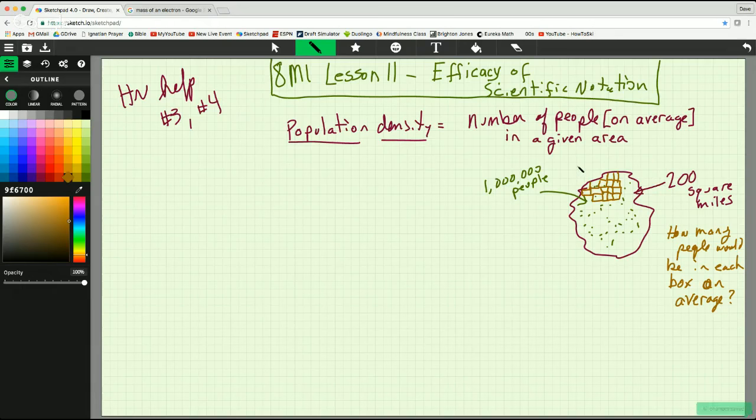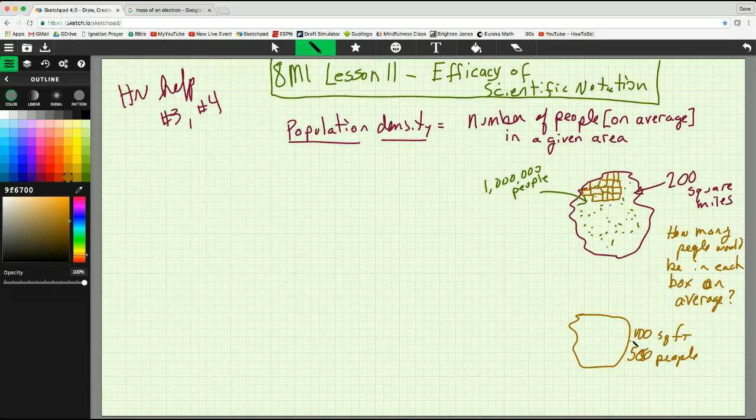And how can we do that, right? How do we know? Well, let's just think about it. If we had a really small area that had, say, 100 square feet, and inside we had 500 people, how many people on average would be inside each square foot?